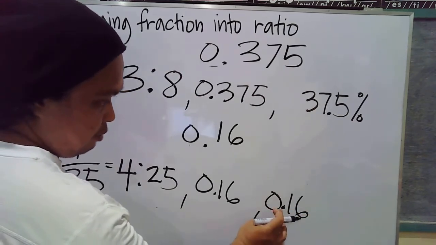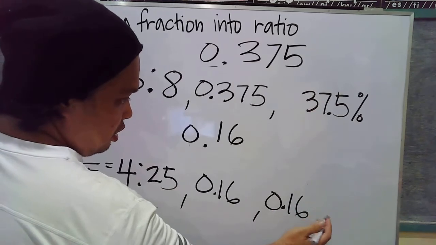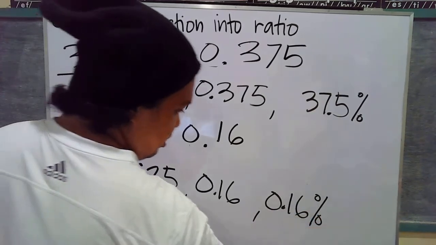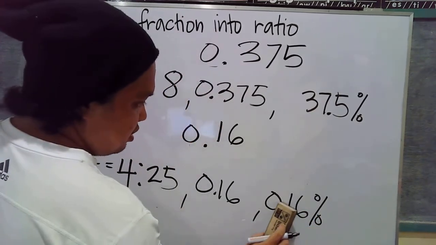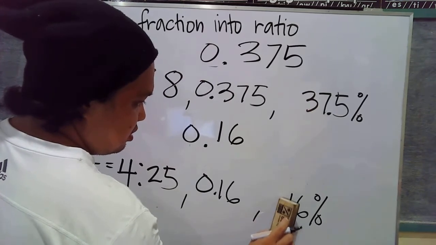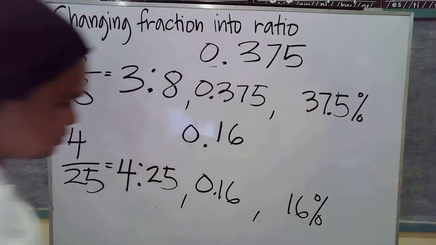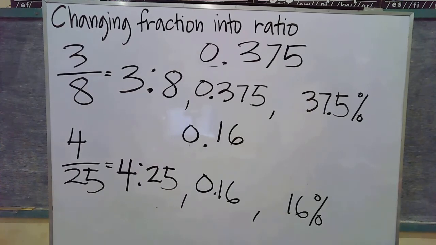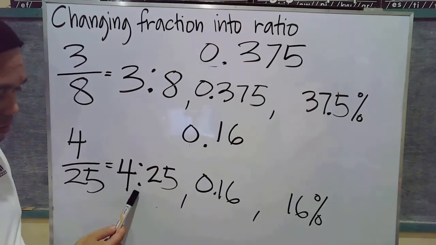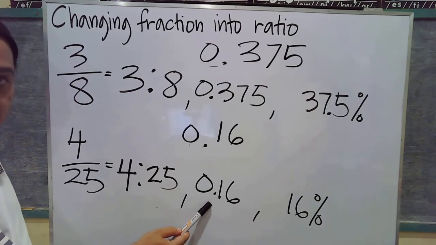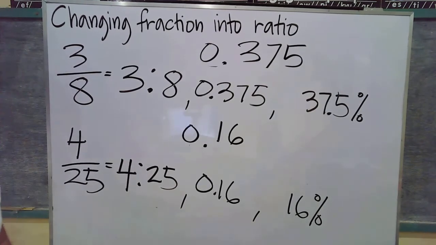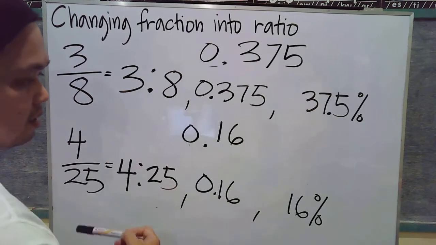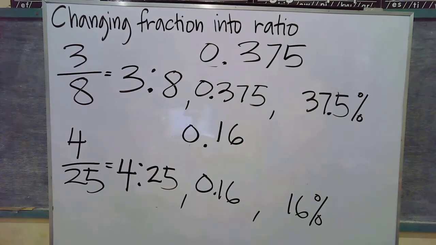So 2 steps, 1, 2, and this becomes 16%. Okay, so fraction form, ratio, decimal number, and percent. All of them are the same number, just in different forms.